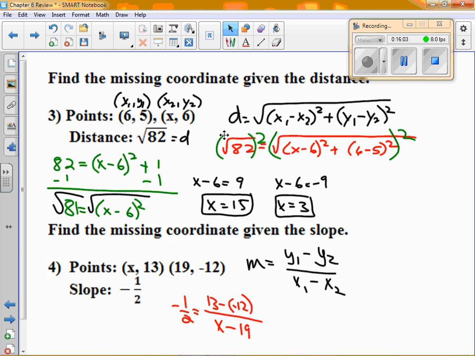If I put a negative 3 in right there, negative 3 minus 6 is negative 9. Watch this, negative 9 squared is positive 81, squared, not square root, plus 1 more makes 82.